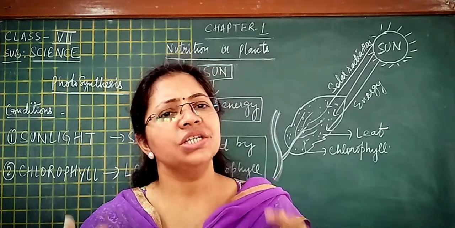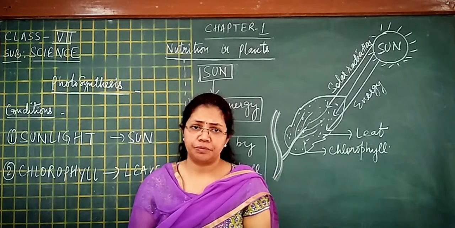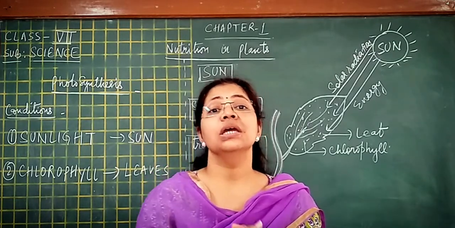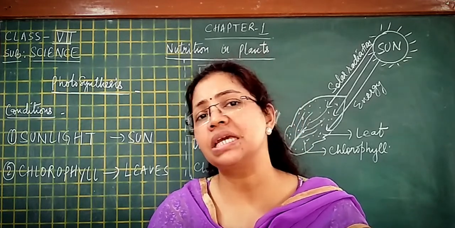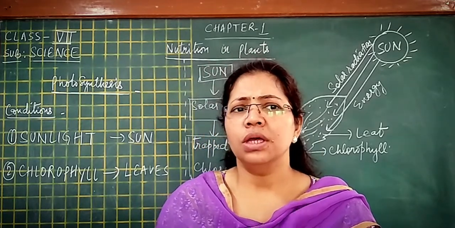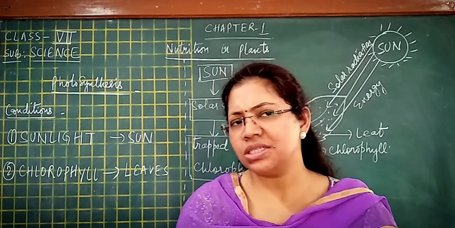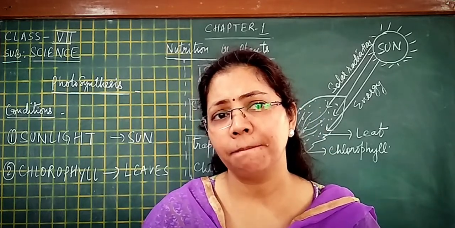So, what about these leaves which are not green at all or which are not uniformly green? They are not appearing green because they are not containing chlorophyll.